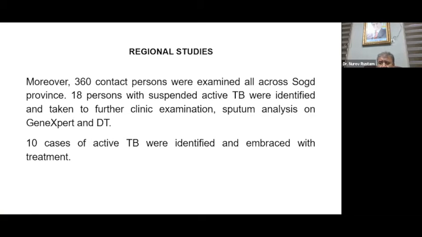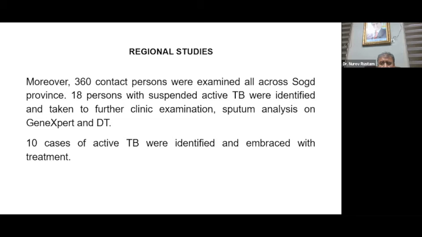Moreover, we managed to screen over 147 women and children who were returned from Syria to Tajikistan, and there were 15 persons with suspected TB, but luckily we identified only 2 cases of active TB. Now all of them are embraced with medical care.